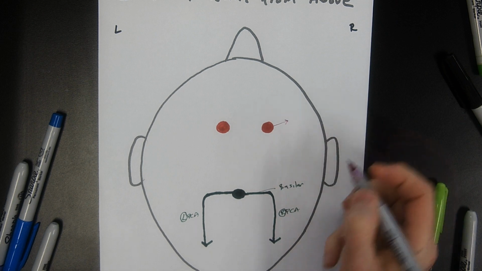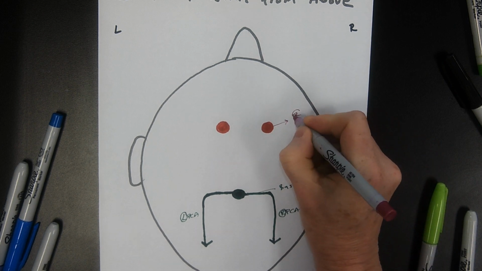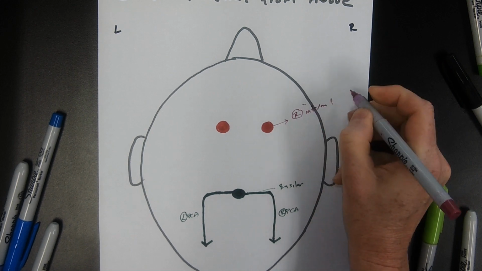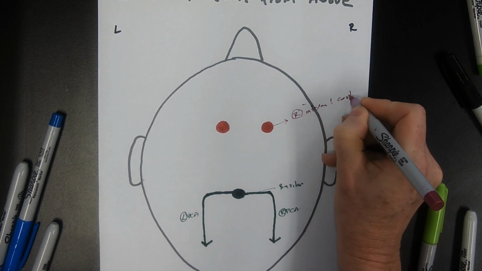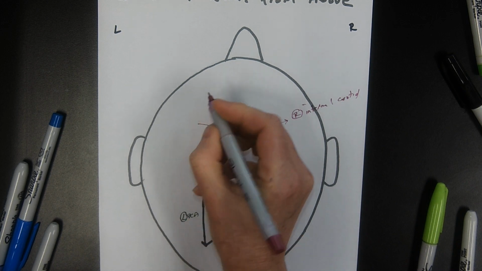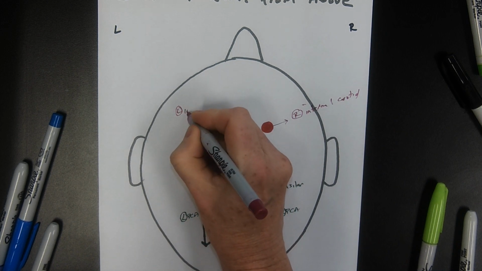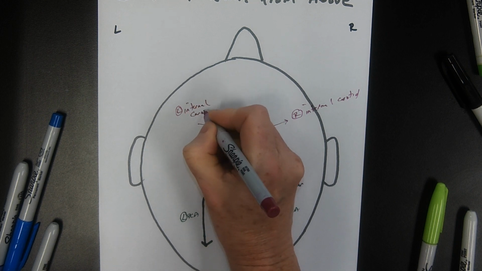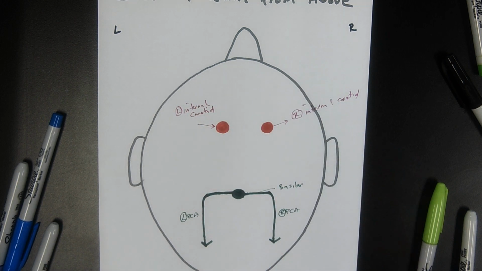So here's your right internal carotid, and then this is your left. Okay, right and left internal carotid coming straight up off the common carotid.